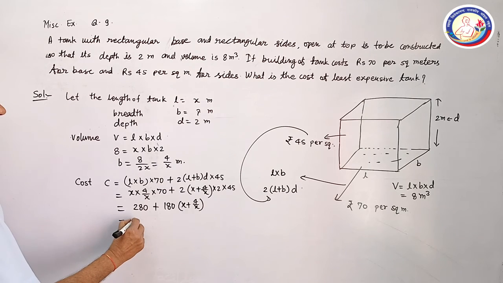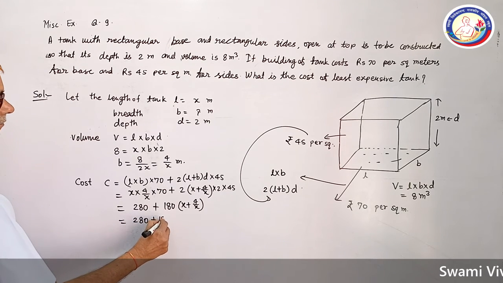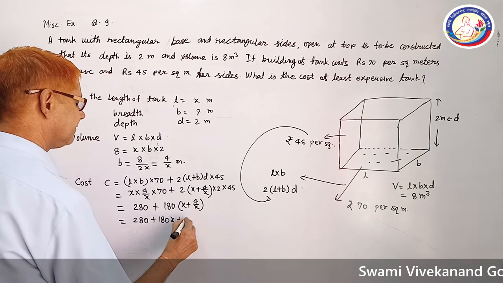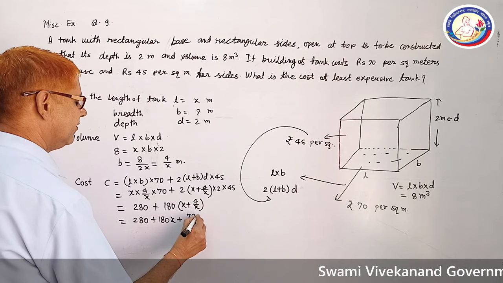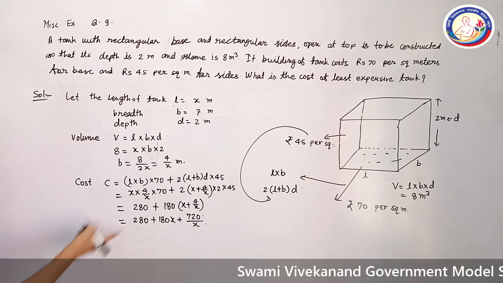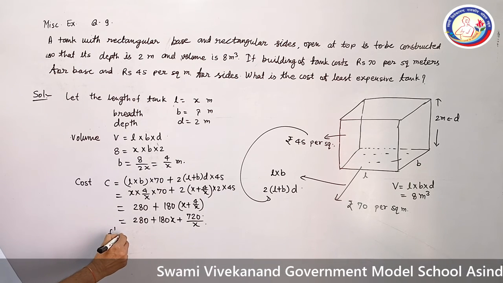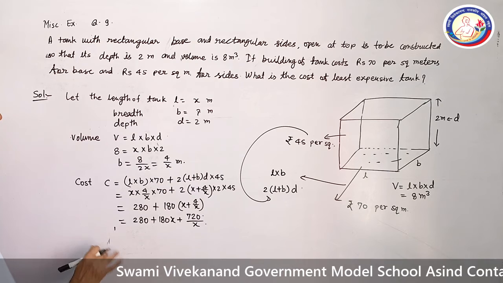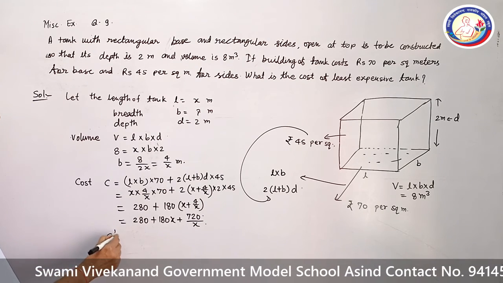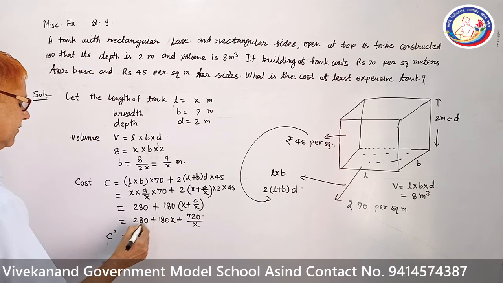On further simplification, 280 plus 180X plus 720 by X. This is the cost function in rupees. Now find the first derivative, C prime.